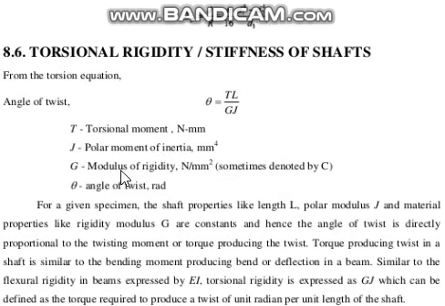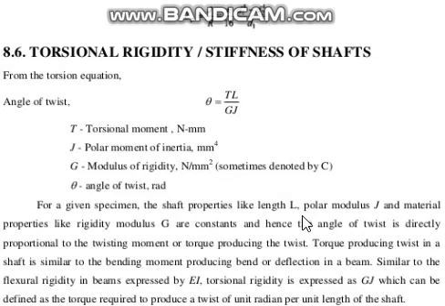So for a given specimen, the shaft properties like length are fixed. If you take one shaft, its length is fixed. Polar modulus J also is fixed, and material properties like the modulus of rigidity G are also fixed.